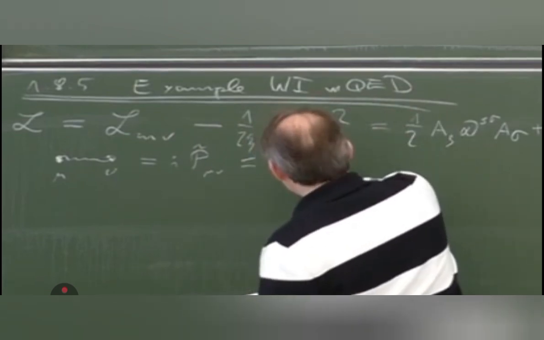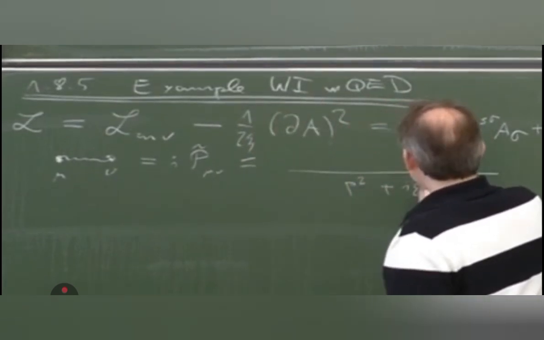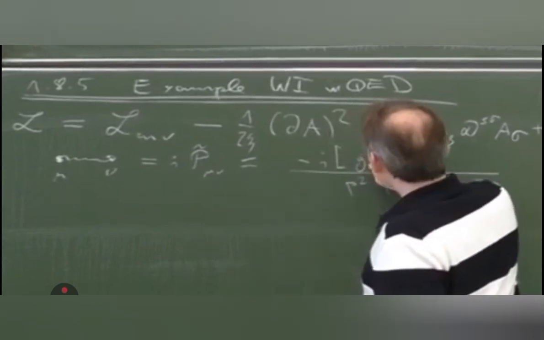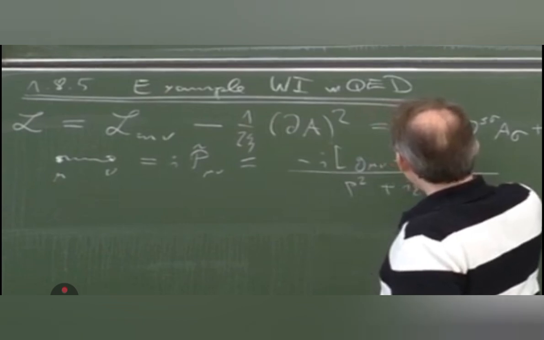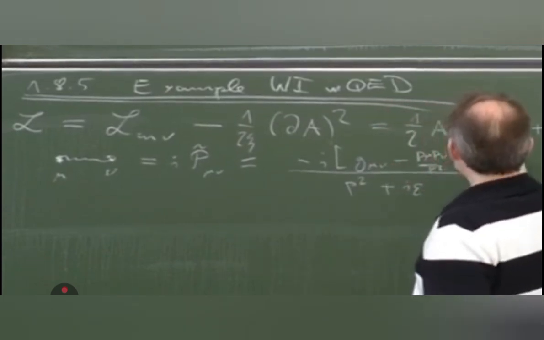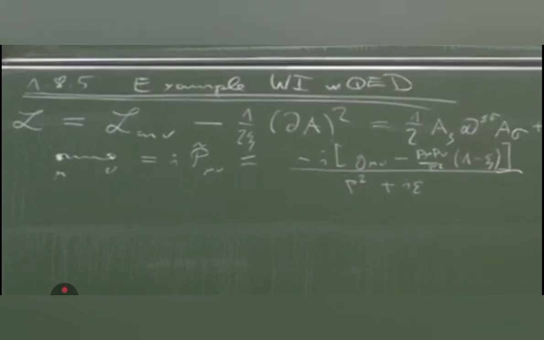Let me now write the full expression: 1 over p squared plus i epsilon, and in the numerator we have minus i times [g_mu nu minus p_mu p_nu over p squared times (1 minus psi)]. So it's a kind of complicated expression for the photon propagator, but it arises completely directly from the inverse of that differential operator, including the psi dependence.